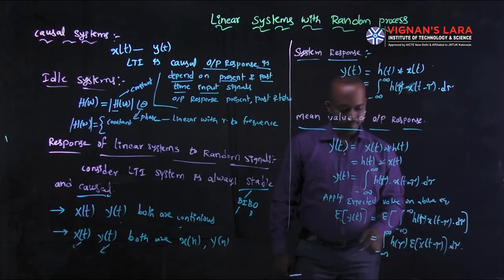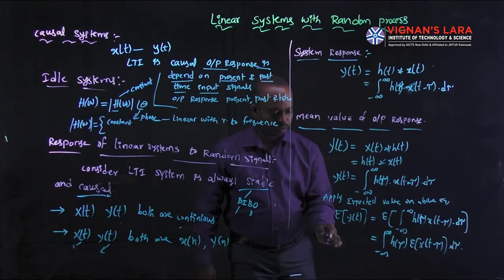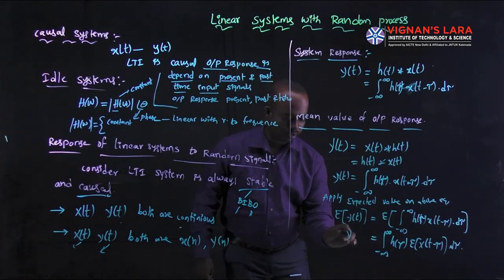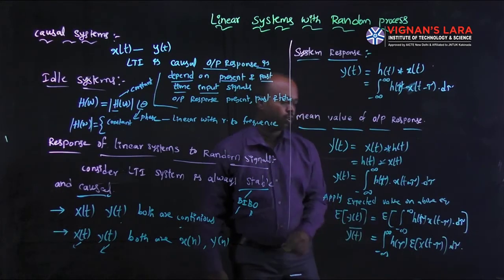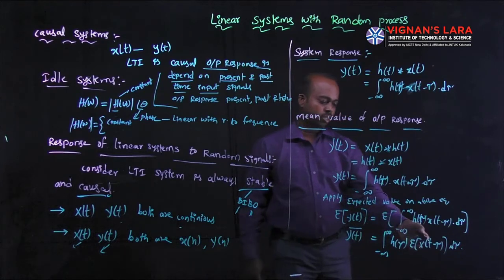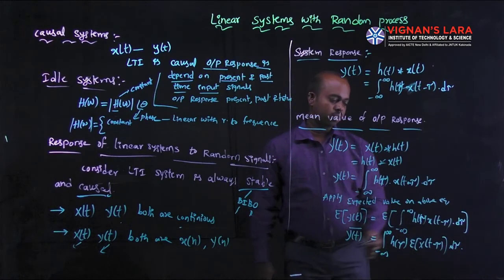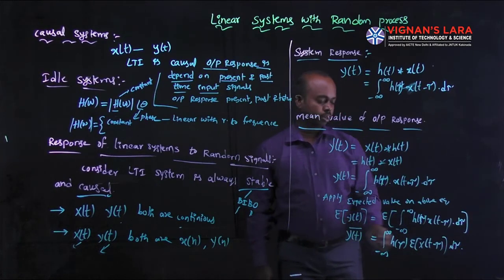Here the expectation of y of t we can write as y of t bar, and the expectation of x of t minus tau, x bar, is a constant. Why? Because it's a mean value.